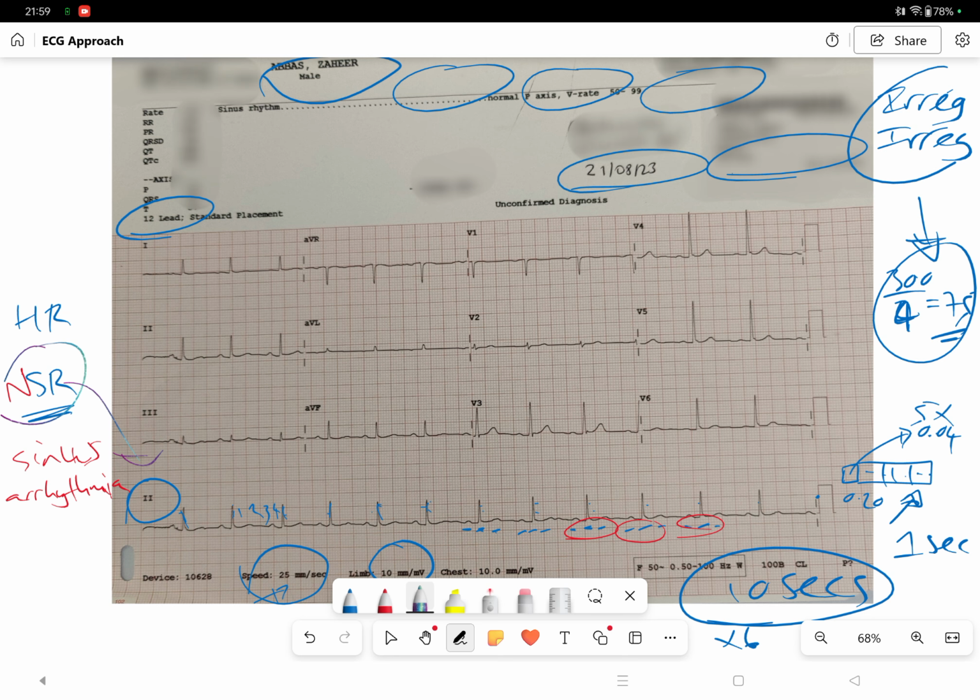The next thing I look at while I'm on this lead 2 is the PR interval. Now, if you watched my previous video on the basics of ECG, you'll recall that the PR interval is from the start of the P wave to the start of the QRS complex. That interval should be between 0.12 to 0.20 seconds, i.e. between 3 and 5 small squares.